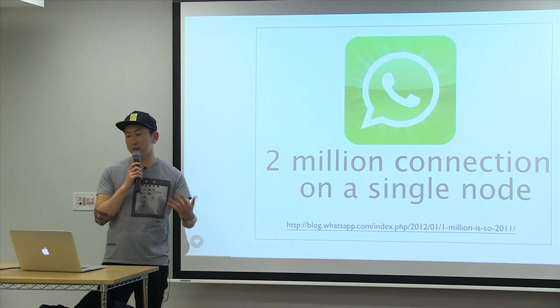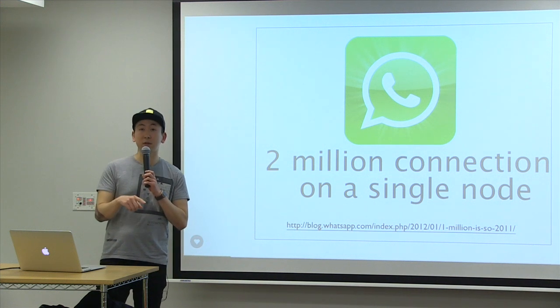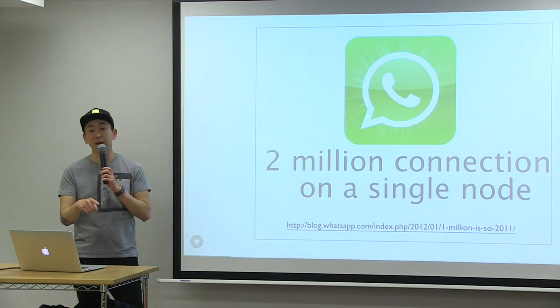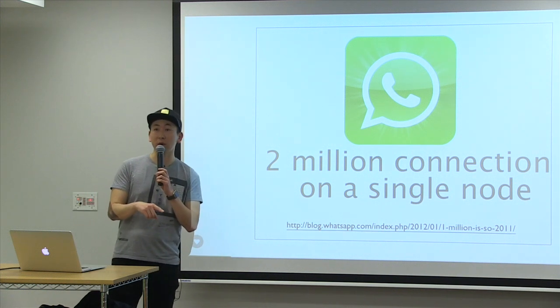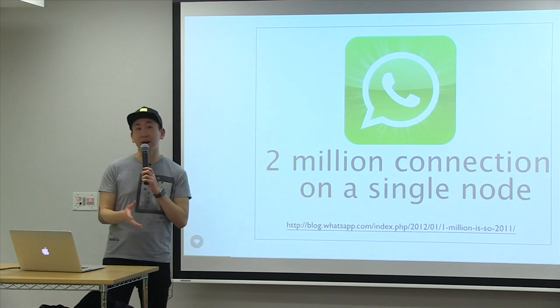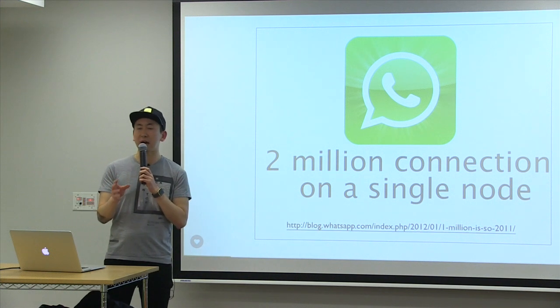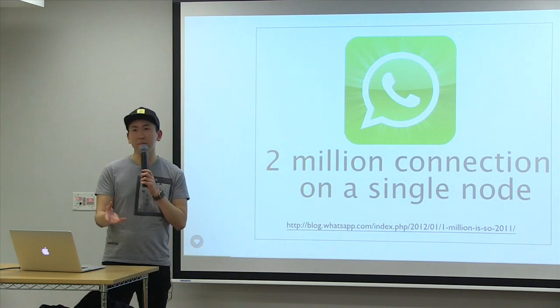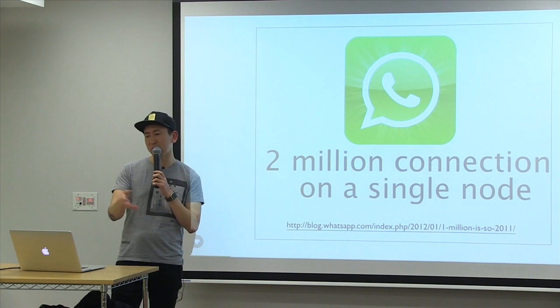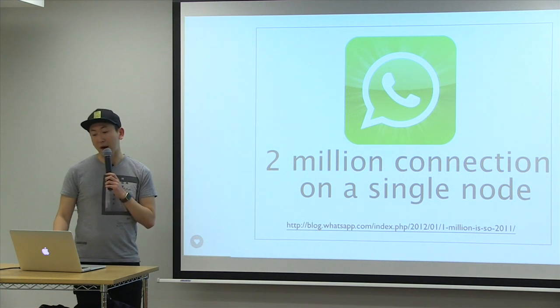WhatsApp is a messaging platform, and when they sold to Facebook for 16 billion, they only had 13 employees, including one person who was a cleaner. So they actually only had 12 engineers, and out of those 12, I think 8 or 9 were system engineers, one mobile engineer, one web engineer, and another guy doing different things. So you can see how powerful Erlang is.